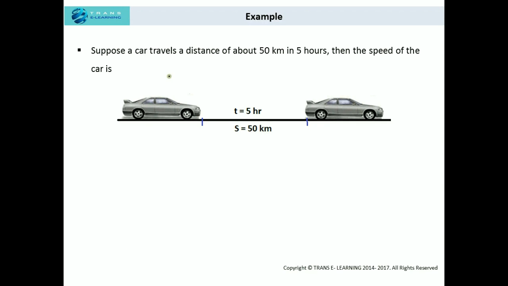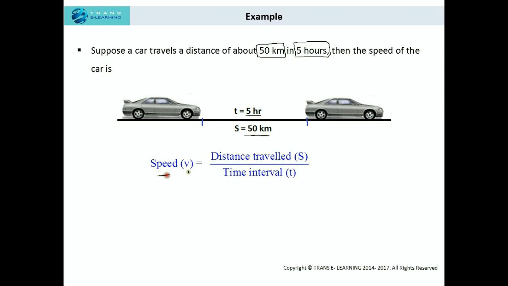Here I have taken the same picture. Suppose a car travels a distance of 50 kilometers in 5 hours. That means the distance is given as 50 kilometers and the time interval is given as 5 hours. Then the speed of the car is, speed equals distance traveled upon time interval.